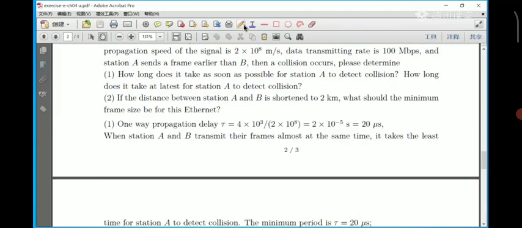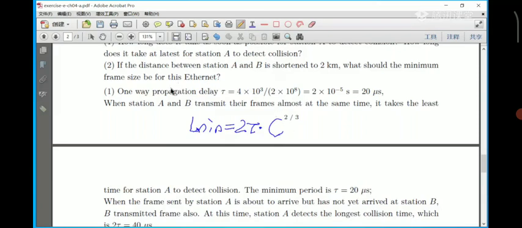the minimum length of a frame. The minimum length of a frame is the round trip propagation delay, 2 tau times C. Tau is the one-way propagation delay.